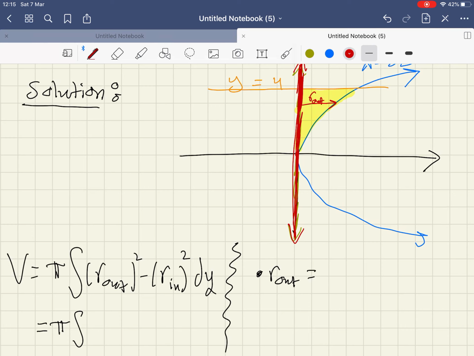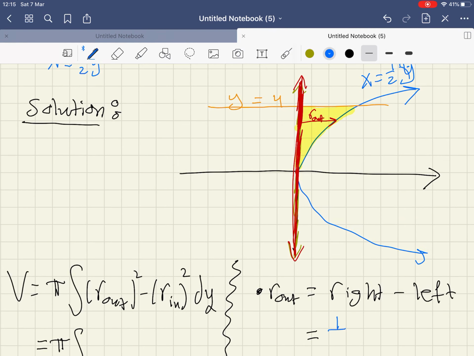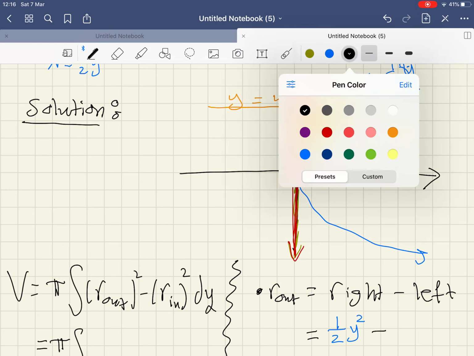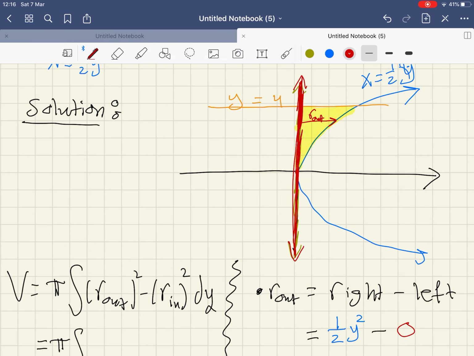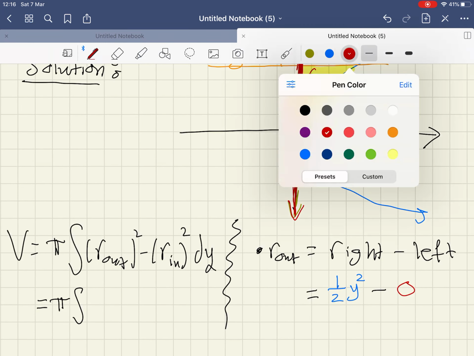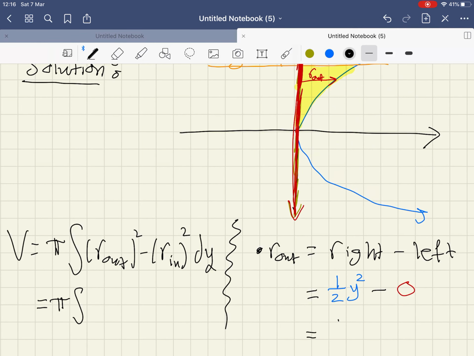This is R out. Which is, clearly, right minus left, as we did with the horizontal rectangles. The right function is the blue function, which is half y squared. And the left function is the red one, which is x equal to 0. And that should be half y squared.